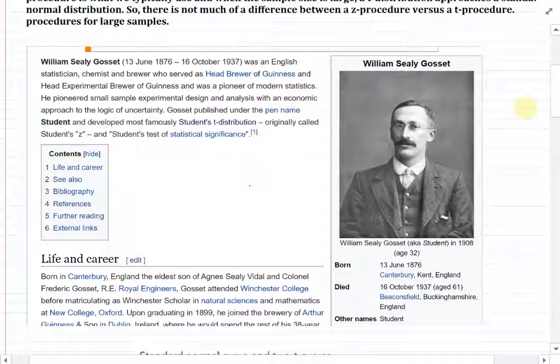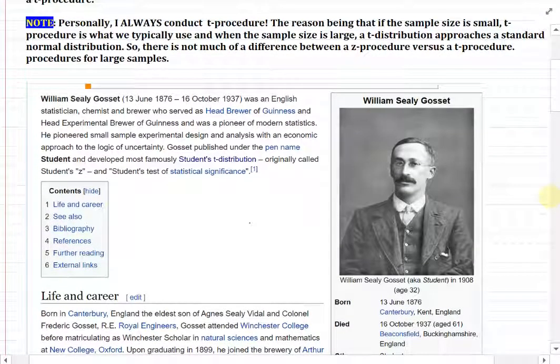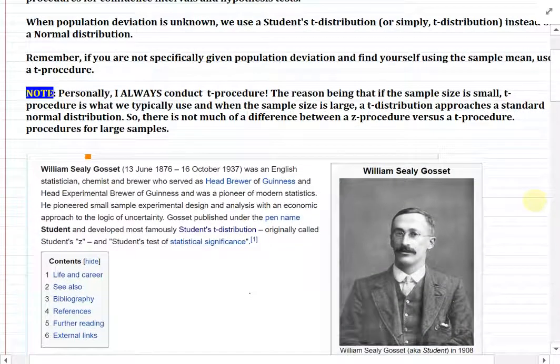It's very interesting history behind this distribution, and the reason it's called the student's t-distribution is because this gentleman was working for Guinness Brewery, and his employer would not allow him to publish his work because of conflict of interest, so he still wanted to do so.